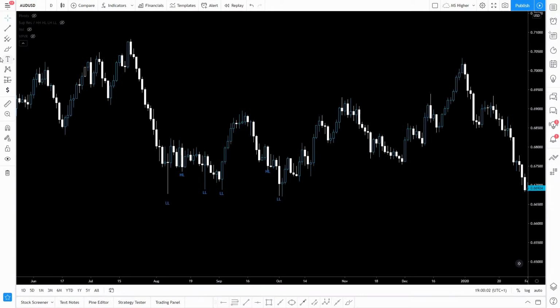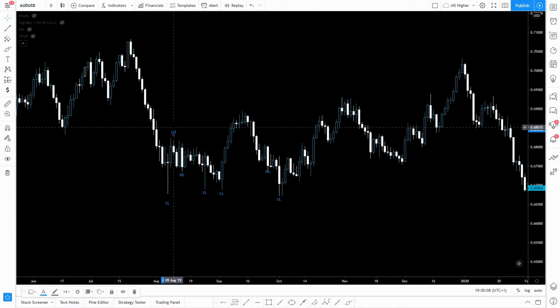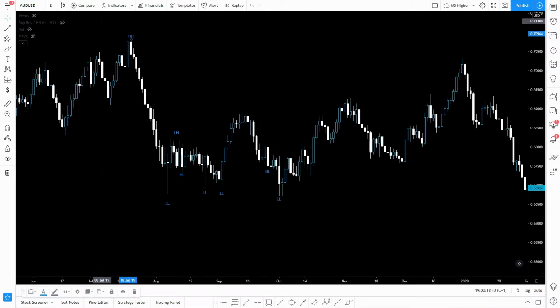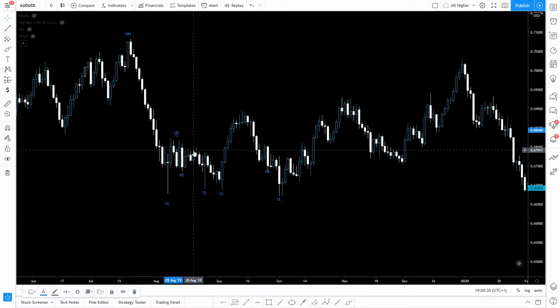We should be doing these up here on this side as well. So we've got a lower high over here. We've got a high here. Then we've got a lower high, and we have another lower high right here.